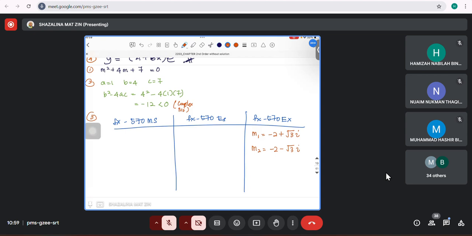With the MS, when you press for this complex number root, this is the issue. You get M1 equals -2, M2 also -2. Why do we need to calculate b square minus 4ac? To verify whether this is a complex number root or real and equal. Looking here the values are the same, so you may assume this is real and equal.